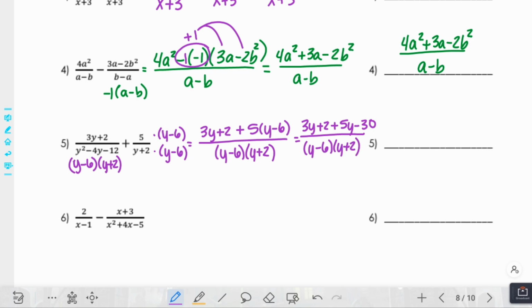I'm out of room. I'm going to come back down here. I've got 8y minus, looks like 28 here, all over y minus 6 and y plus 2. Okay, if you're able to factor anything out, do that so we can always check. In the numerator, I could take out a 4, and I'm left with 2y minus 7.